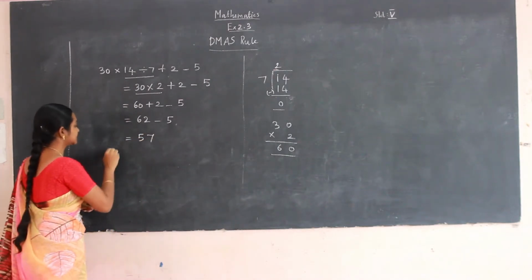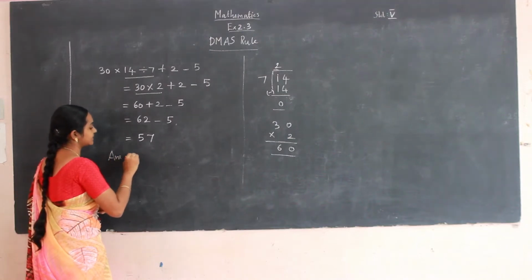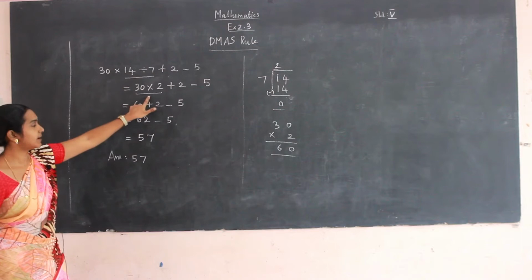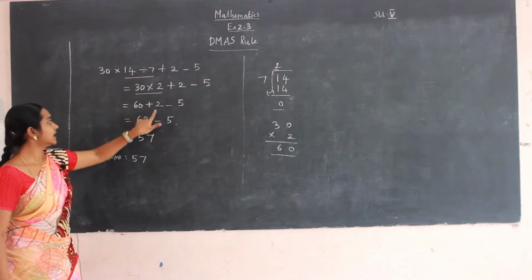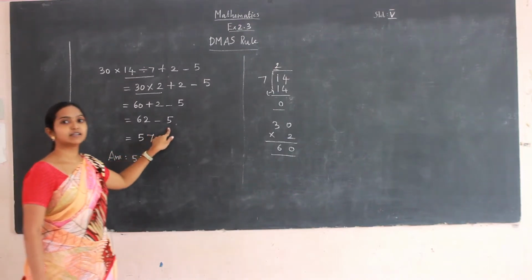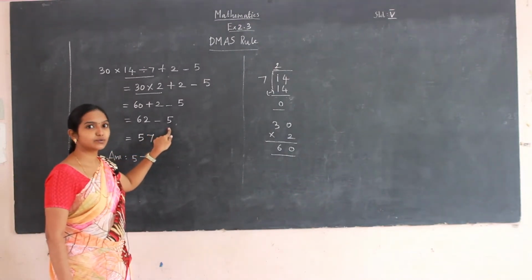So the answer is 57. First we have to divide and then multiply, then add and finally we have to subtract. That is called as DMAS rule.